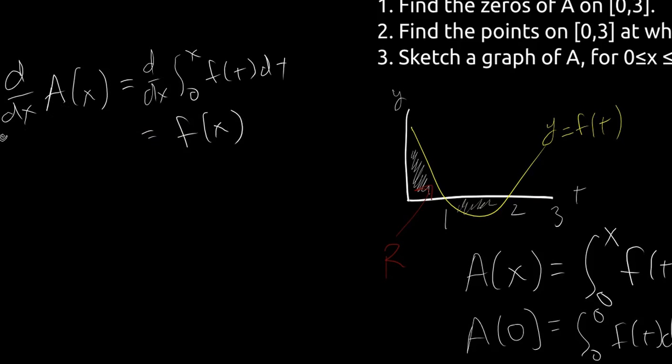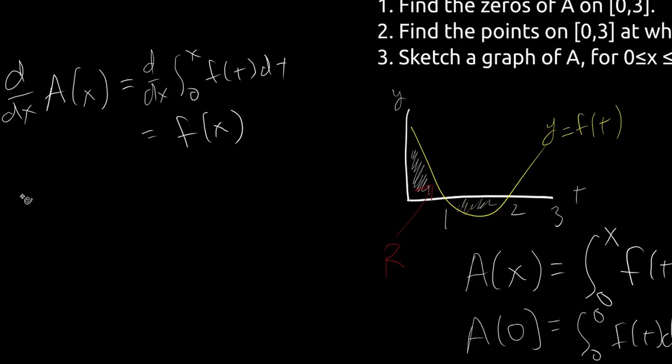In other words, the area function is an antiderivative of f. That's how we knew that any continuous function has an antiderivative. It's because we wrote down the area function and we're able to prove that its derivative is f.